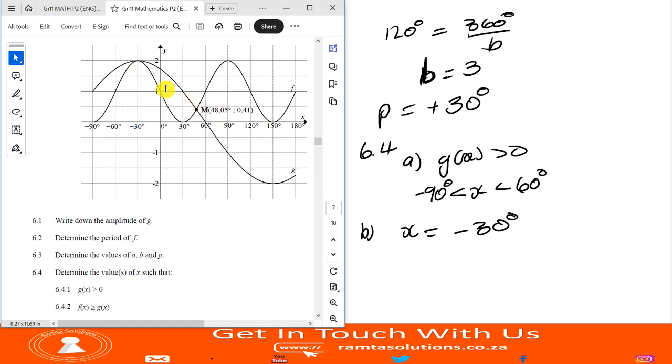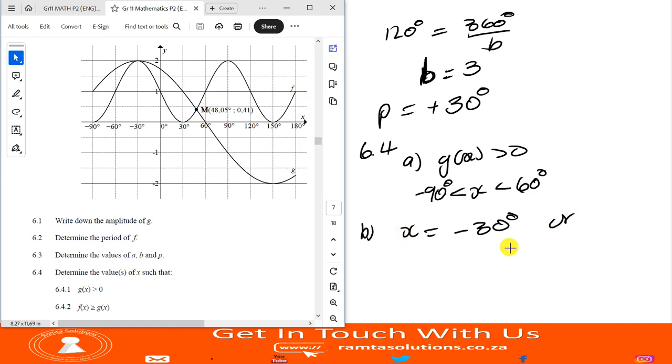Now, they are equal, but to the left of this point, f of x is below g of x. That's not what we're looking for. To the right of it until point M, g of x is still above f of x. That's not what we're looking for. We want f of x being above g of x. As I look at it, to the right of this point, which is 48.05 degrees, until 180 degrees, that's what we're looking at.